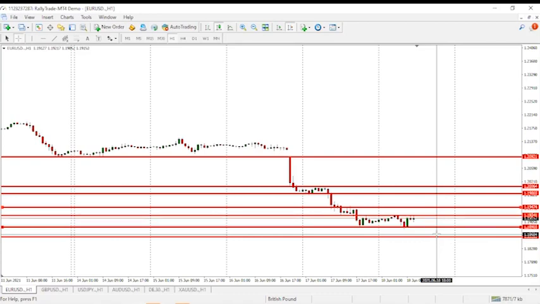All right, and stop loss just above structure at 1.19046. So I've posted that on the chat forum.